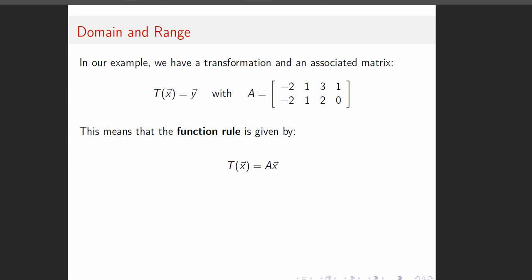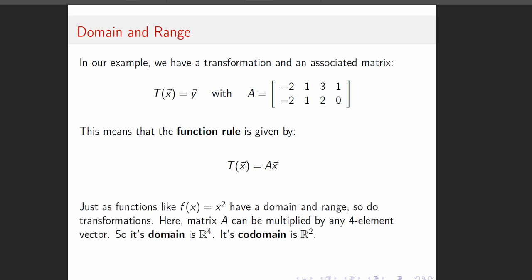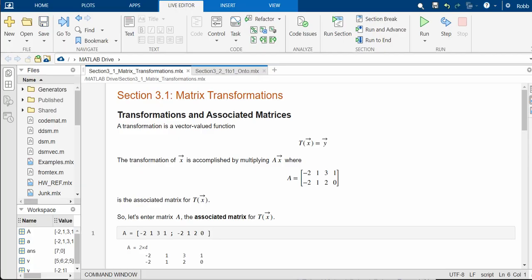So like I said, the function rule is given by whatever matrix A is equal to. And in this case, we can say the domain is R4, vectors in R4, and the codomain is R2. What do we mean by that? Well, let's jump over into MATLAB to discuss that.